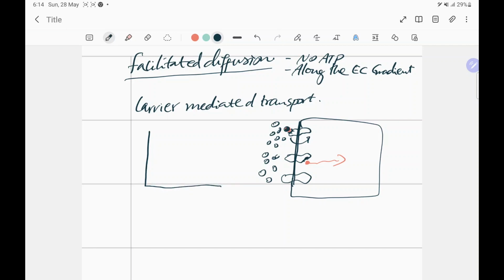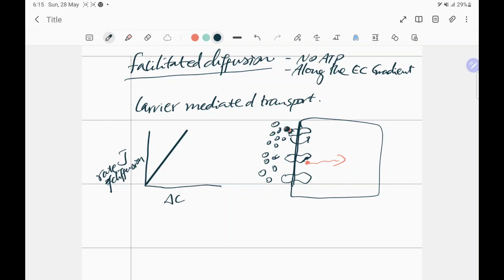that compares simple diffusion with facilitated diffusion. This is the flux, or the rate of diffusion, and this is the concentration gradient. If you increase the concentration gradient for simple diffusion, which I'm drawing in black, it will keep on increasing in a linear fashion.